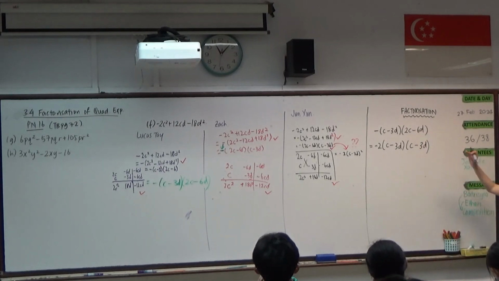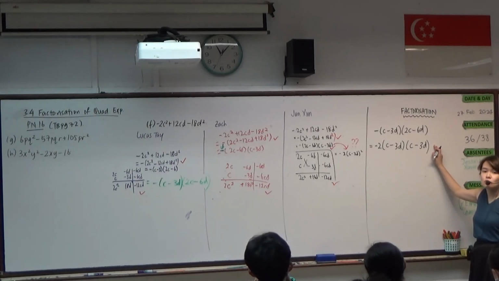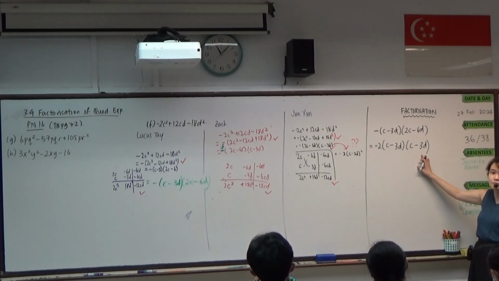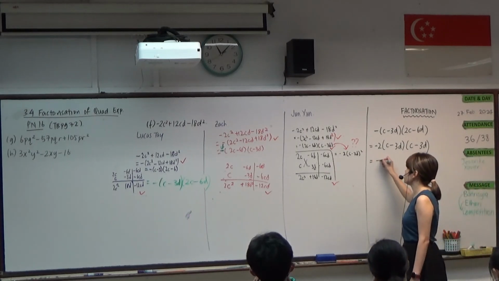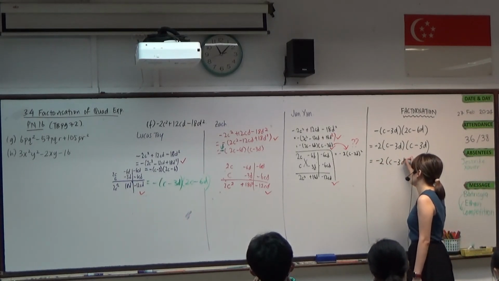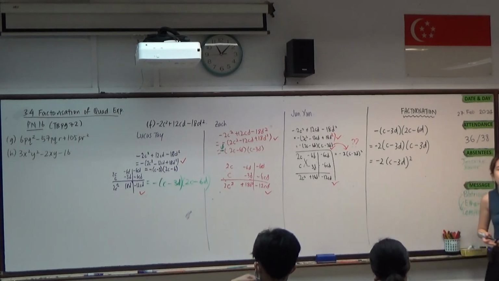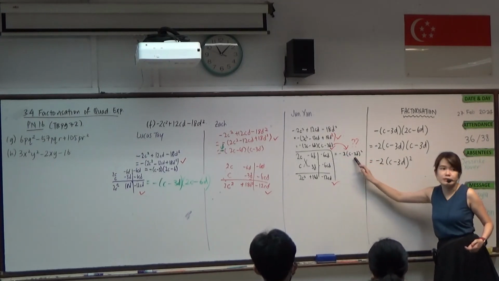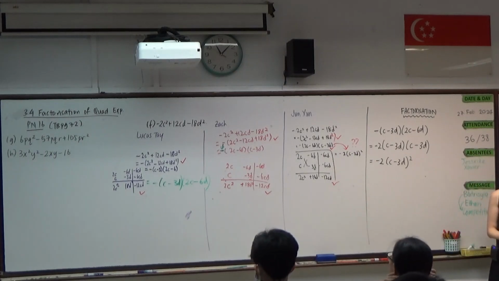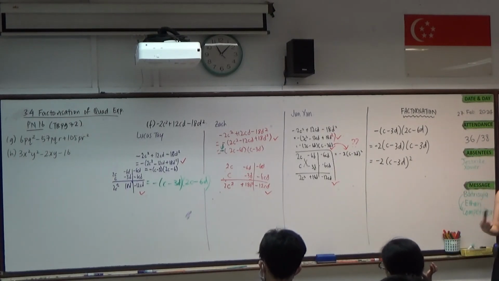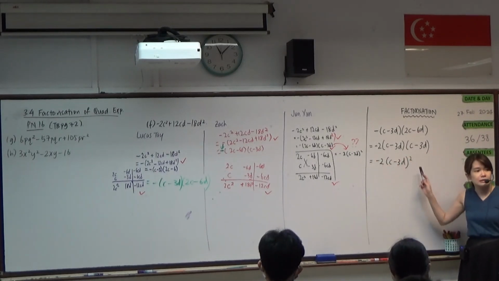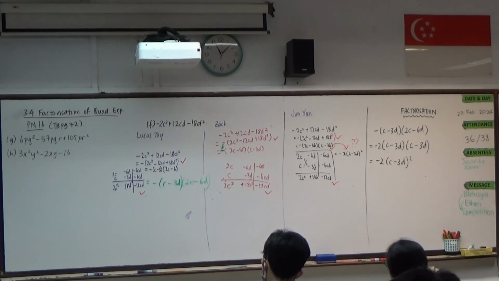Okay, but this is still not enough because you need to recognize that C minus 3D and C minus 3D is a repeated multiplication for which you need to simplify it into C minus 3D squared. So this is my explanation to how Jishin managed to arrive from this step to this step. Okay, it did skip a little bit of steps over there, okay, which is okay, but I think for all of us to understand where and how we got it, this is how we arrived. Okay. Questions?